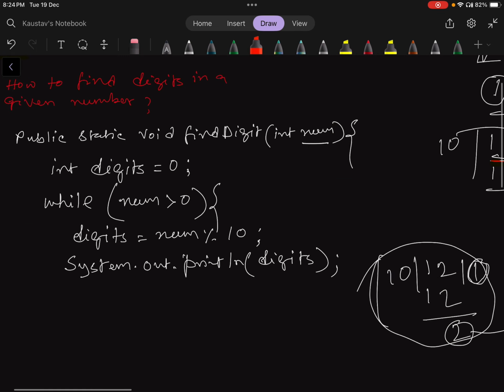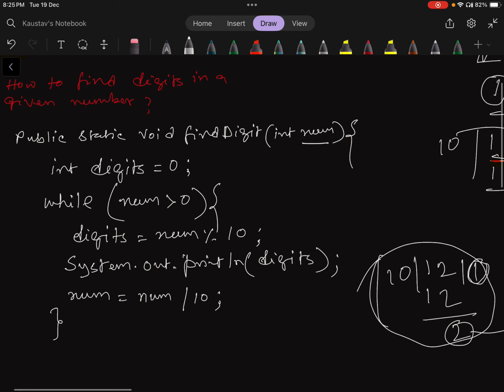So each time you divide the number by 10, it is becoming smaller, right? So we can say number equals number / 10. Because we are dividing the number by 10, the number will reduce every time.